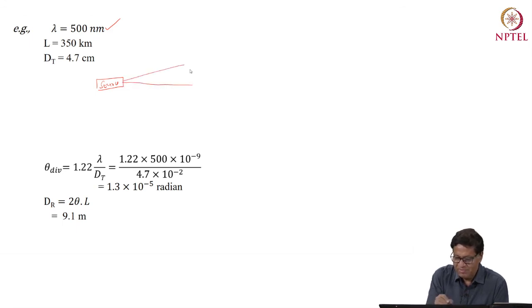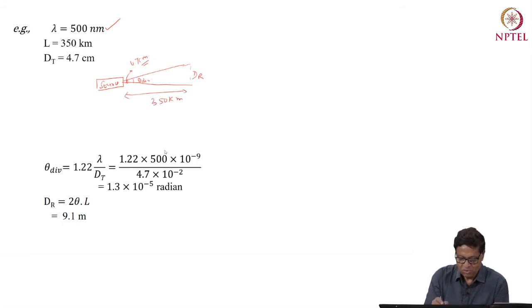My beam will become something like this. So this is dr, and this is the theta divergence. And dt, the transmit aperture length I've used, has a dimension of 4.7 centimeters. And this length is 350 kilometers.